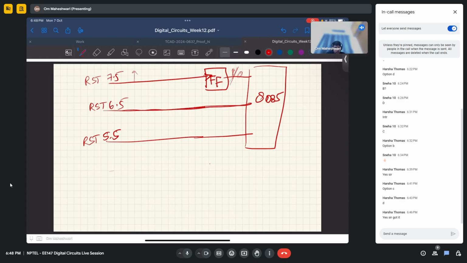For the rest of these, you need to keep giving high or low for the 8085 clock cycle. Since this flip-flop is there, it makes RST 7.5 edge triggered. This flip-flop is internally connected in the 8085.